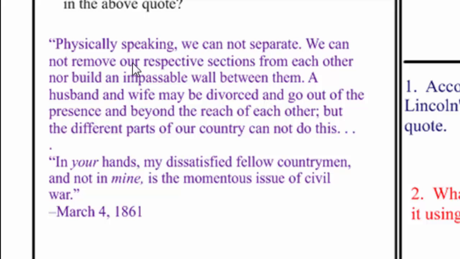Another quote from Lincoln, trying to make the Southerners see reason. So in the above quote, Abraham Lincoln uses what analogy to show that America can't split? And that is the divorce of a husband and wife.